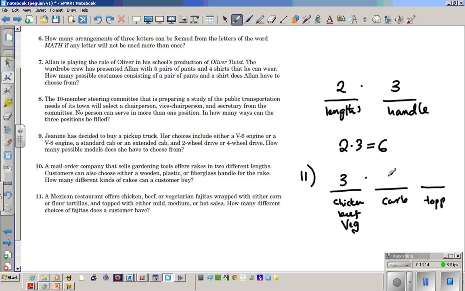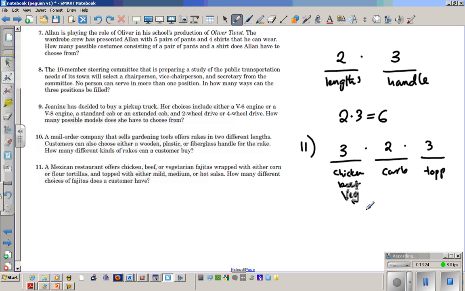And then for the wrapping, the carbohydrate part, we have 2 choices, and then for the topping, we have 3 choices. And then we'll multiply everything together. We get 9 times 2, which is 18. 18 different kinds of fajitas can be constructed using these options that are provided for us.